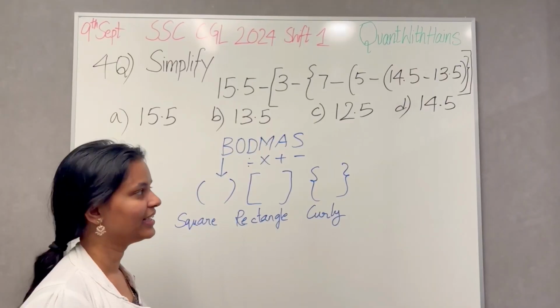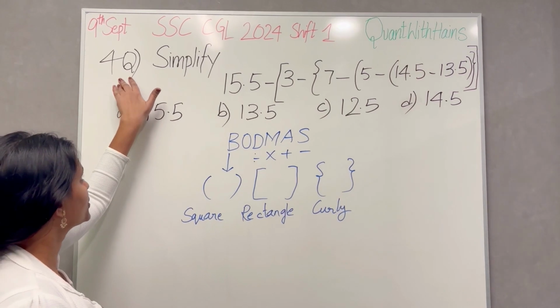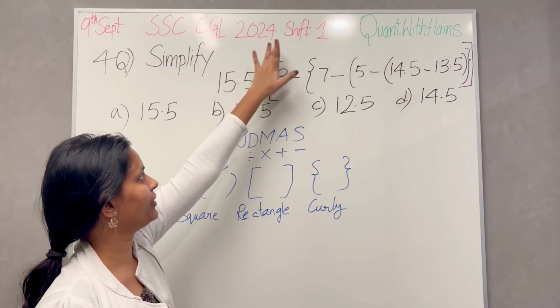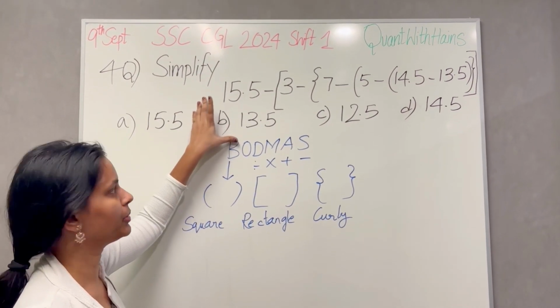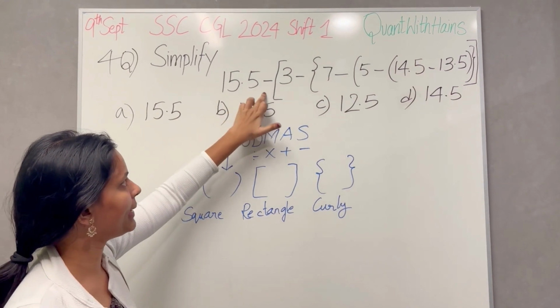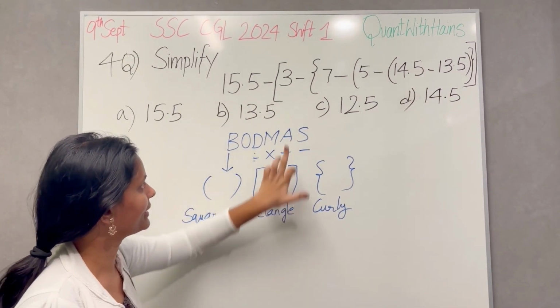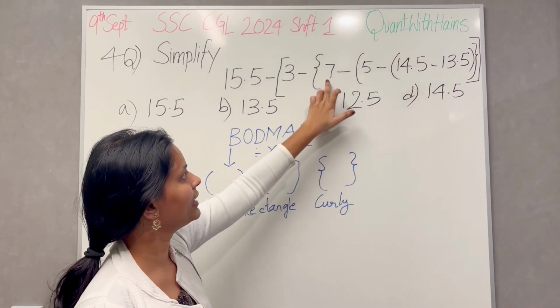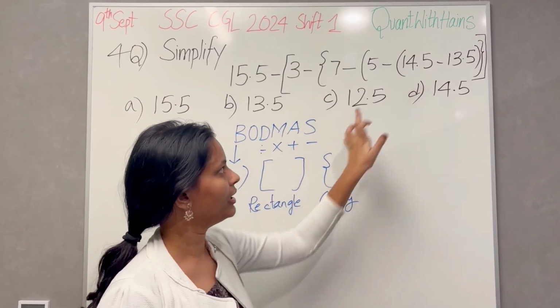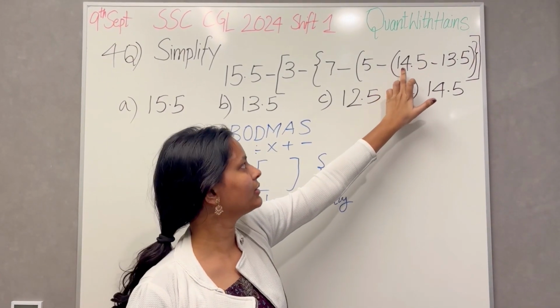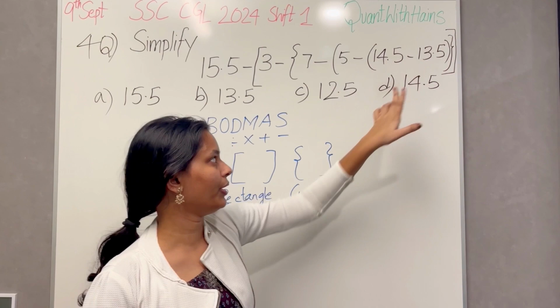Here let us understand the fourth question of SSC CGL 2024 shift 1, that is the application of the BODMAS rule. Here 15.5 minus rectangle bracket, 3 minus curly bracket, 7 minus square bracket, 5 minus again square bracket, 14.5 minus 13.5.